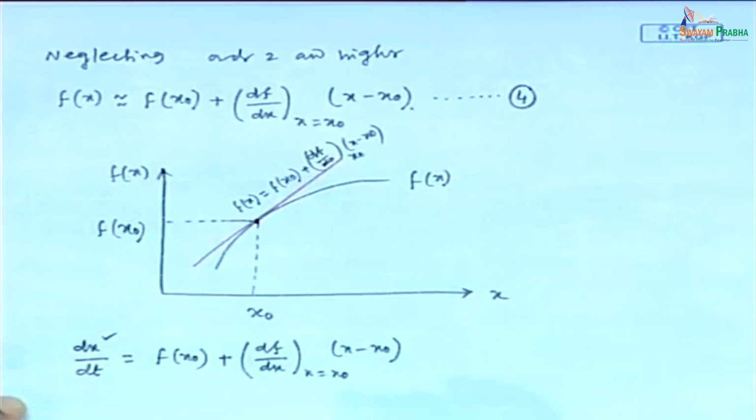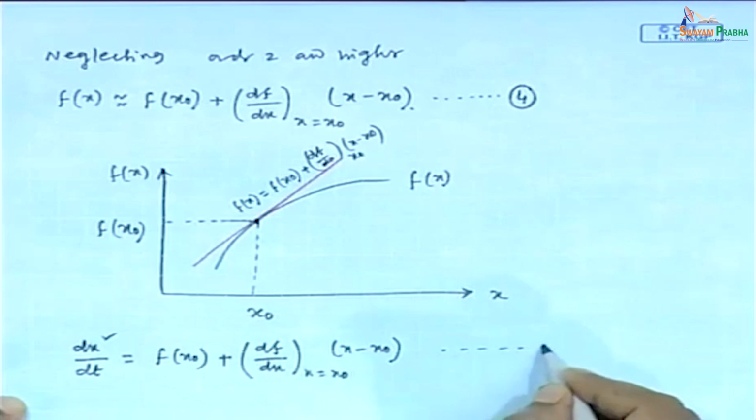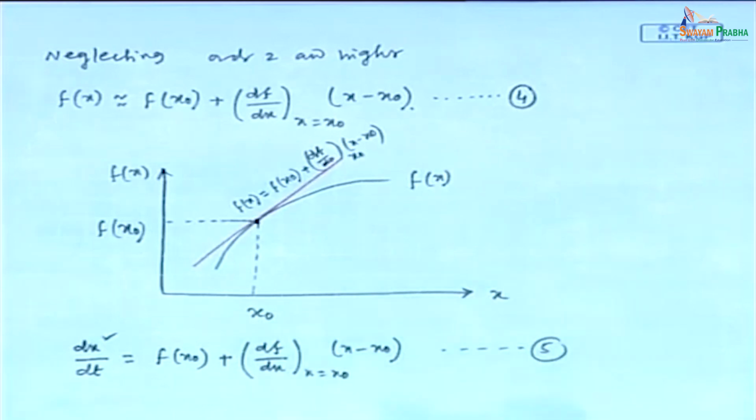We have just replaced f x with dx dt in equation 4, and then we get equation 5. This is the linearization of f x according to Taylor series expansion.